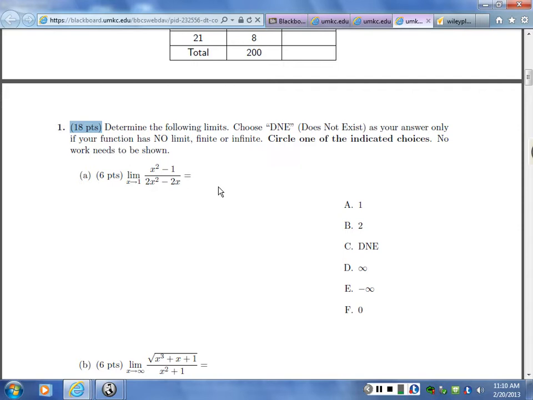But if it was the limit as h goes to 0 of 1 over h, does not exist, because the limit on the right and the limit on the left go to infinity and minus infinity, so the limit doesn't exist. But if it was 1 over h squared, it's going to go to infinity. So that's a little something you have to be careful about.